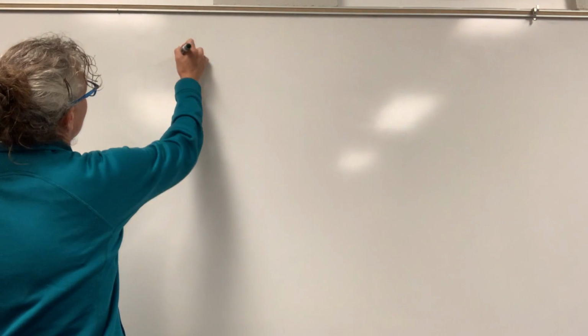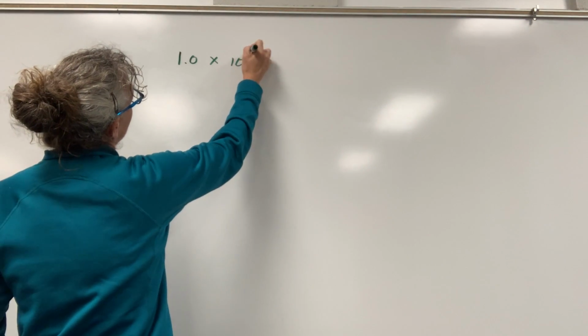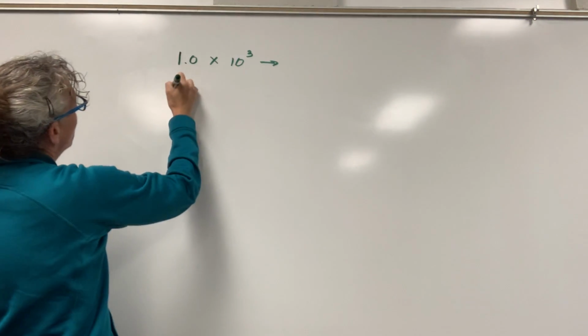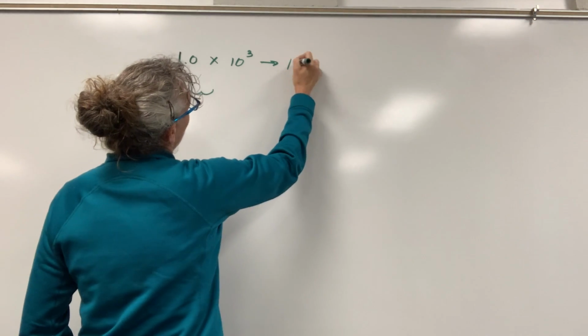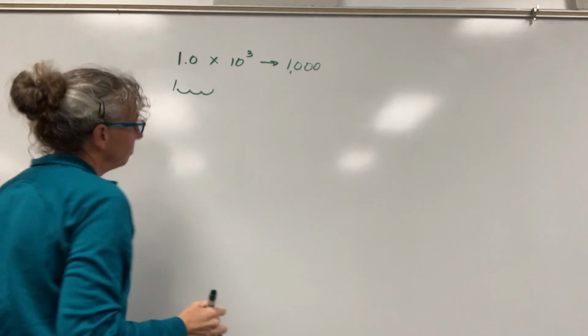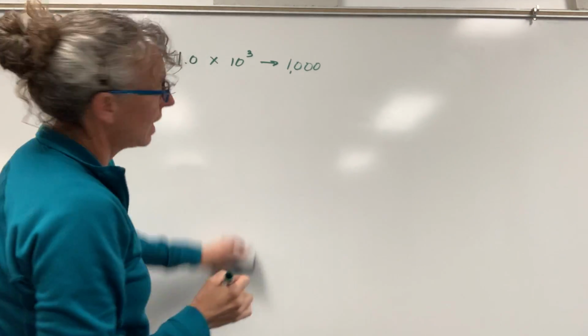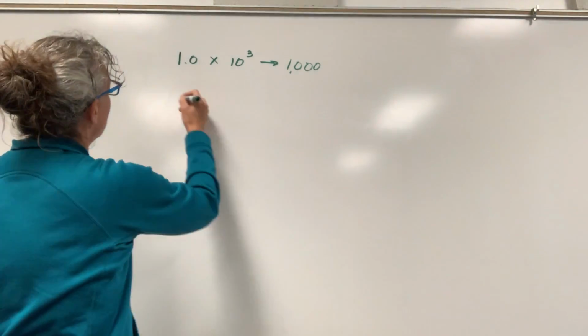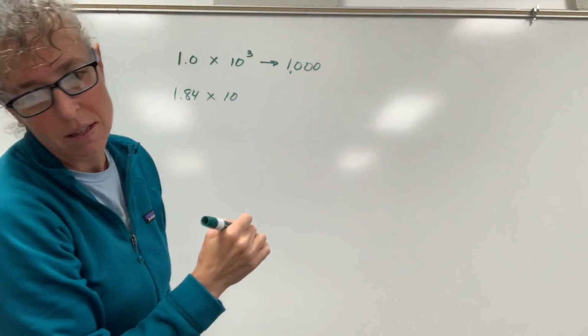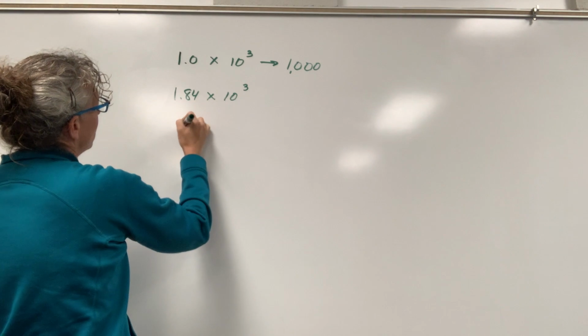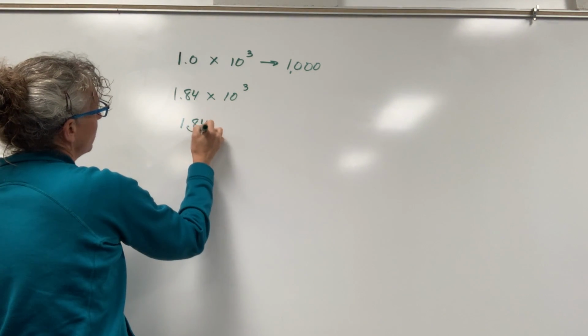1 times 10 to the third is water, so that would be 1, and we're going to move it 1, 2, 3, so that's 1,000. Okay, then we're going to do a brick, which is 1.84 times 10 to the third. So there's my 1.84. I move it 1, 2, 3.